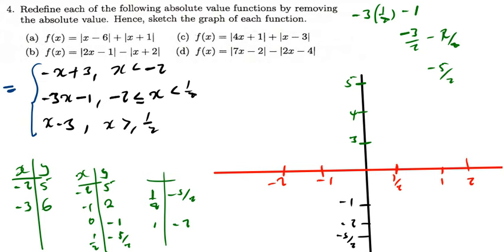We are saying negative 2 comma 5: negative 2 is here, 5 is there. Then negative 3 comma 6: negative 3 is here, and 6 can be somewhere here.